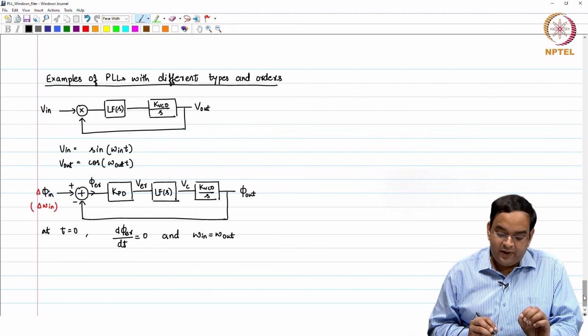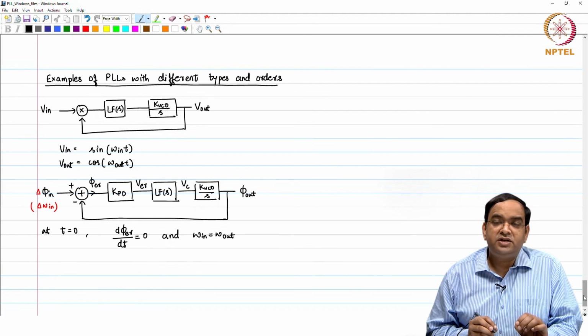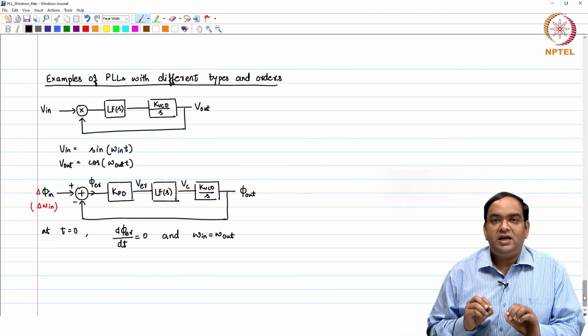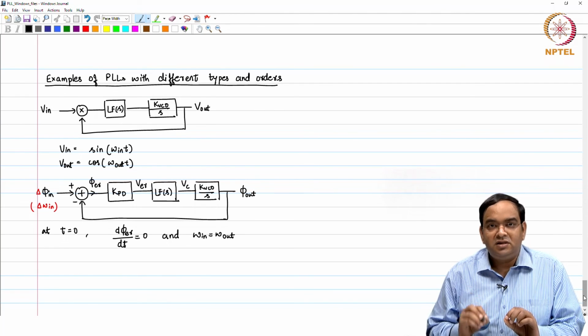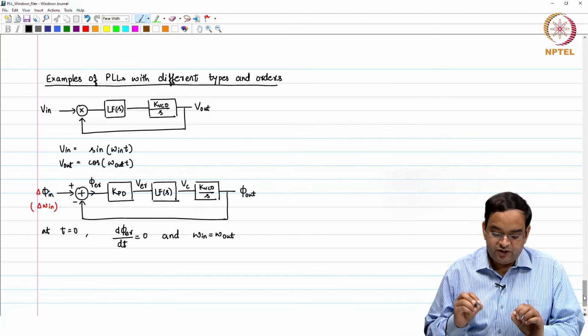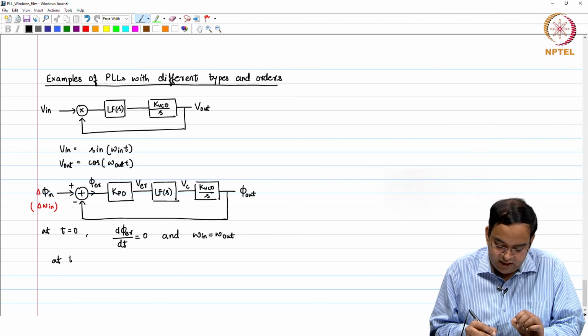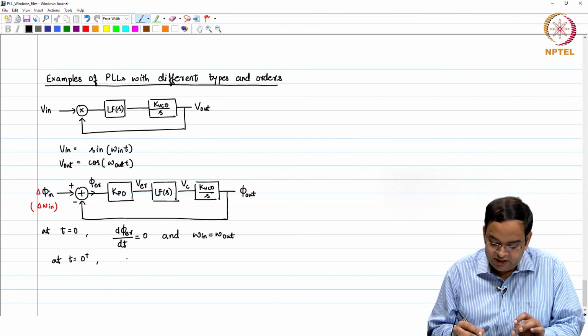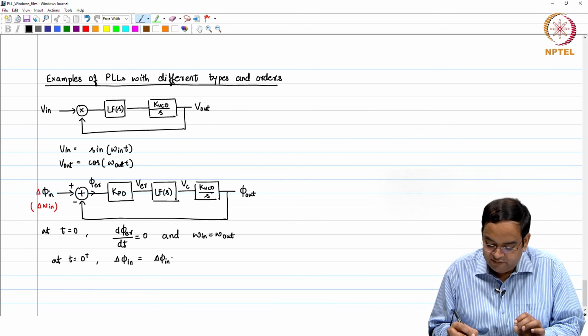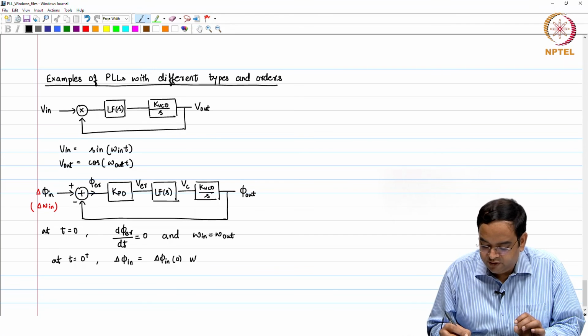Now, you apply change in input phase or input frequency, and if the PLL still remains in lock, which means that at t equal to, let us say, 0 plus, I apply a change in the input phase, which is that delta phi in is equal to delta phi in 0 times u of t.